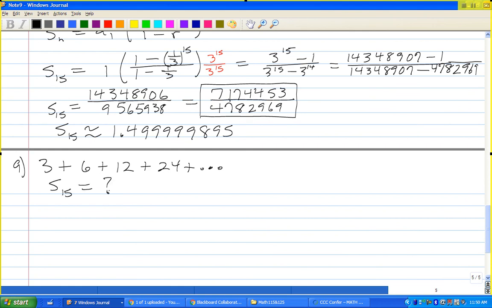So you're just adding up 3 plus 6 plus 12 plus 24 plus etc. I have a formula to find the sum. The formula is a1 times r to the n minus 1 over r minus 1. Let's plug that in.